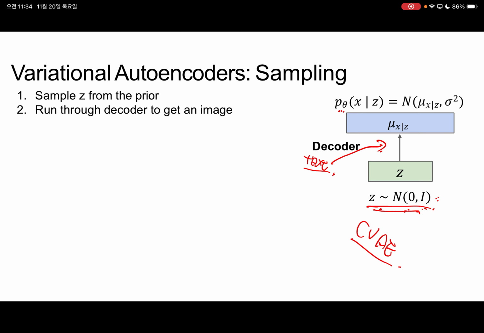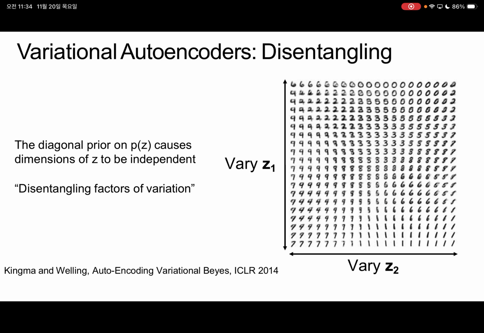And this shows the sampled images. As I said, we randomly sample Z1 and Z2 from a normal Gaussian distribution, and then we can linearly interpolate them, pass them to the decoder, and get this kind of images.